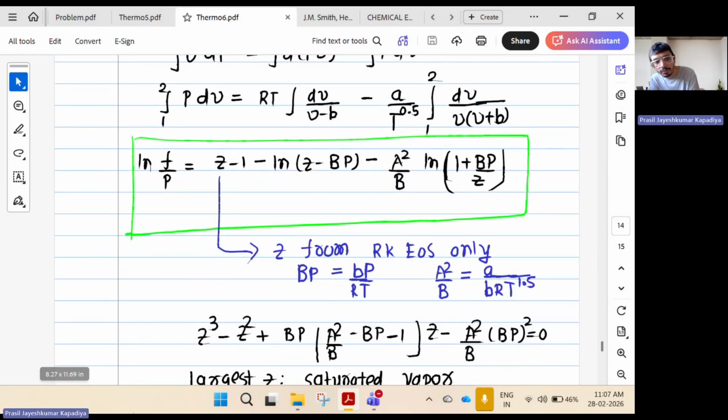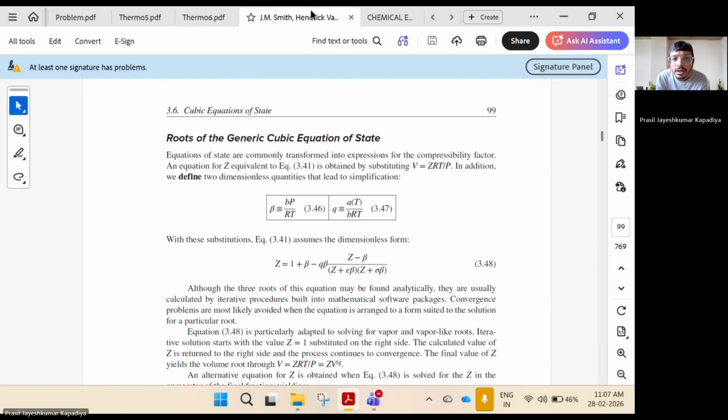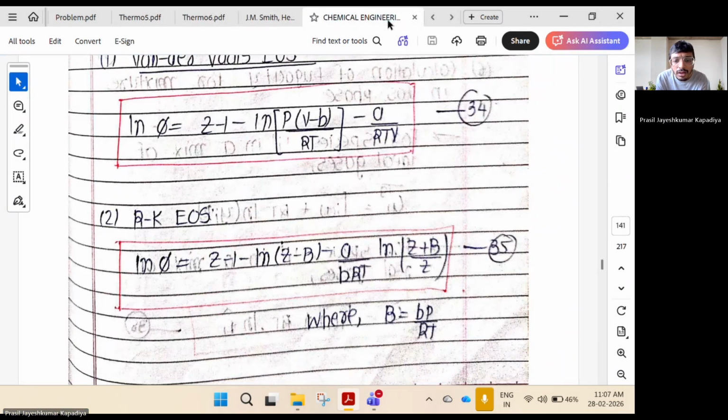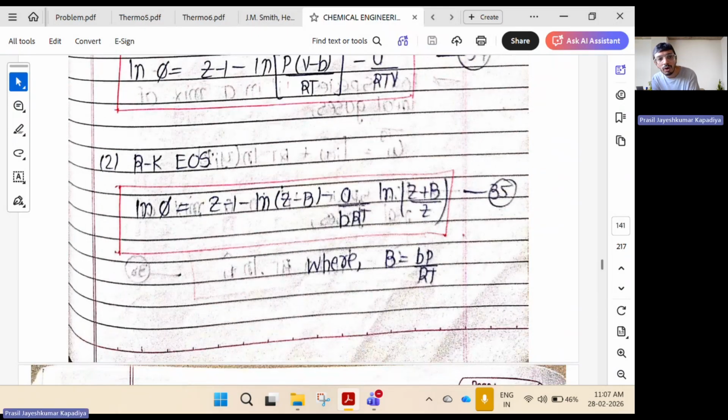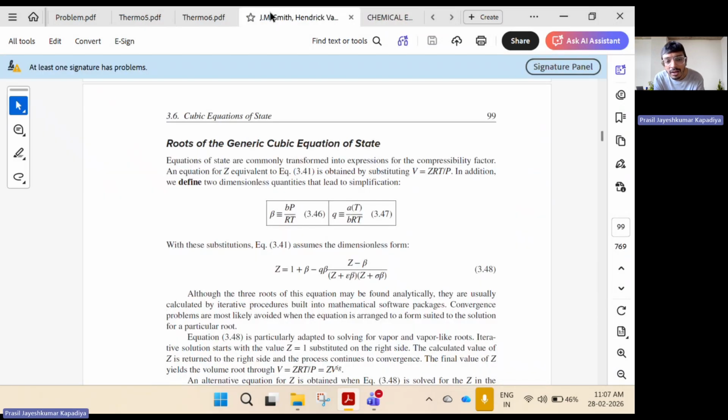So we get this particular formula: Z minus 1 minus ln of Z minus BP, minus A square by B ln of 1 plus BP by Z. Something similar to what we obtained. The functional form is slightly different.